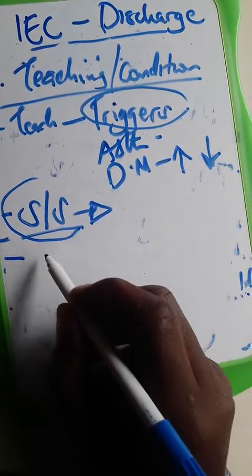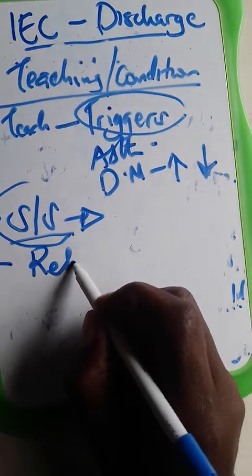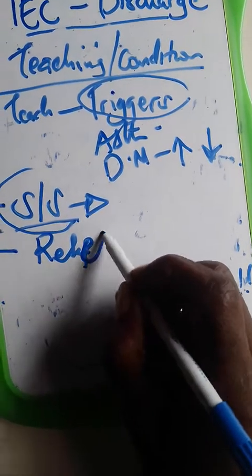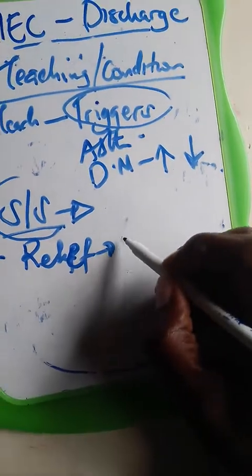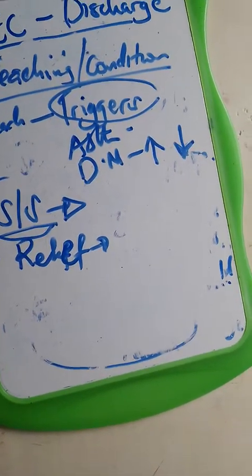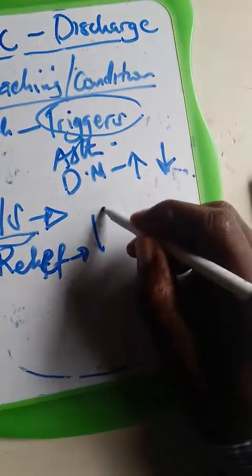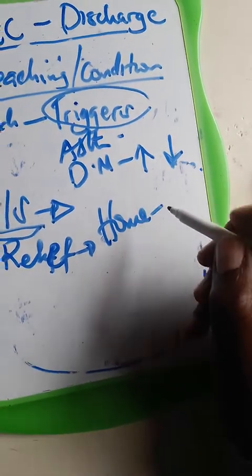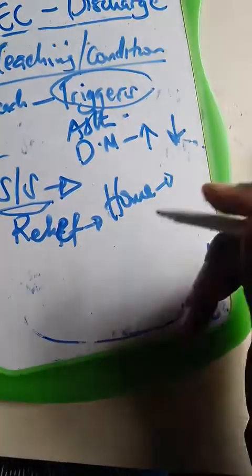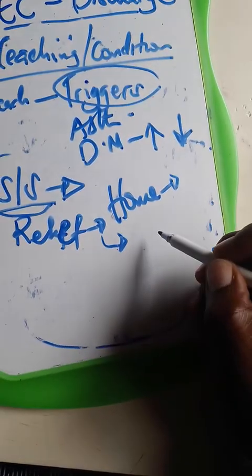Then you also have to teach them about relief strategy. What I mean is that you need to talk about home remedies, things they can use at home to relieve the attack or lessen the signs and symptoms of the condition.